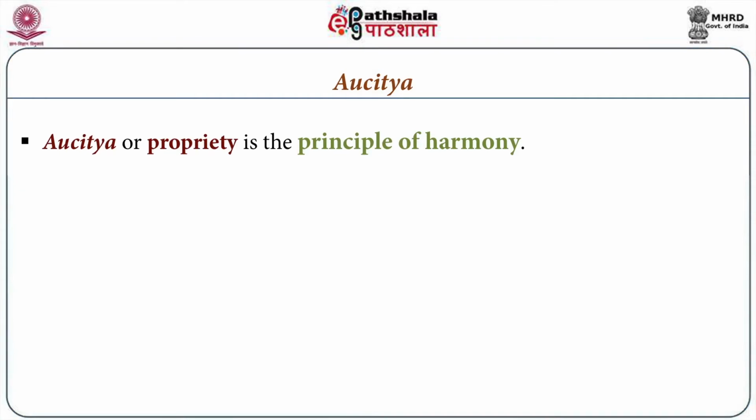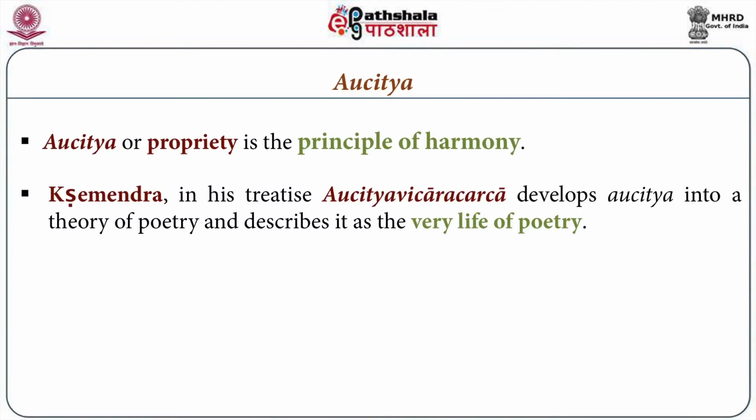Now we come to Auchitya. Auchitya or propriety is the principle of harmony. Alankars, Guna, Riti, Vakroti, Dhvani all are important constituents of poetry, but do not have independent value unless there is harmony between these constituting principles.